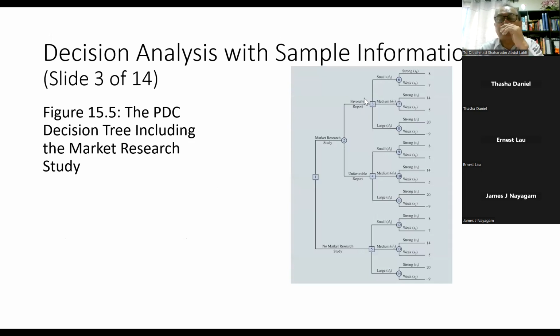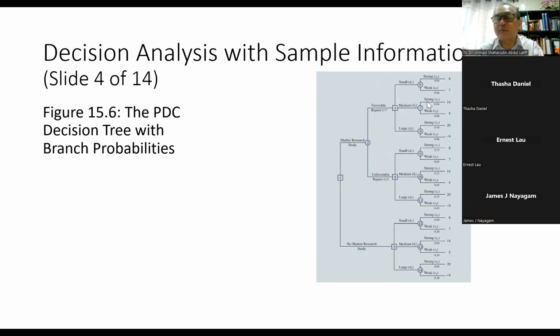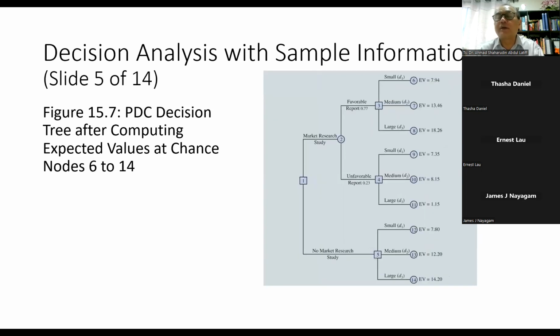When there is a favorable report, a non-favorable report, or no market study, it is about the same thing, and then you multiply based on the 0.94, 0.06, based on the posterior survey. After the expected value of chance, you have this.